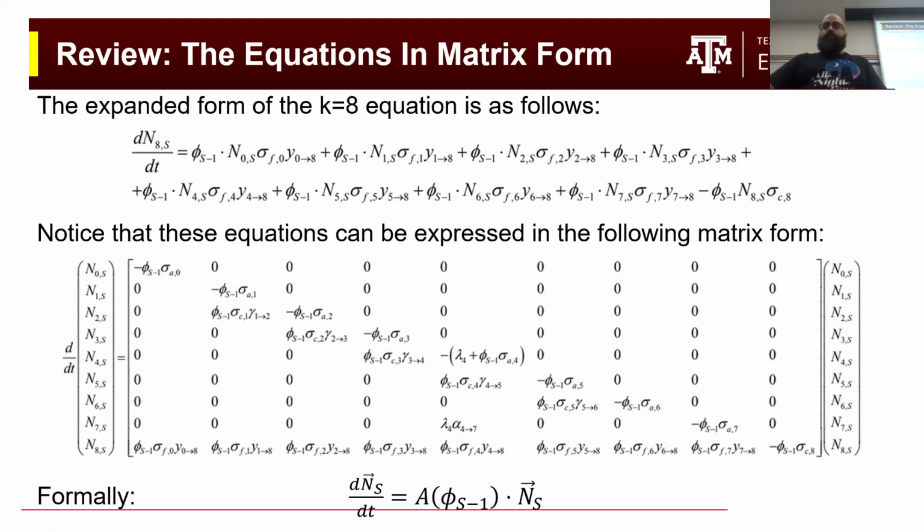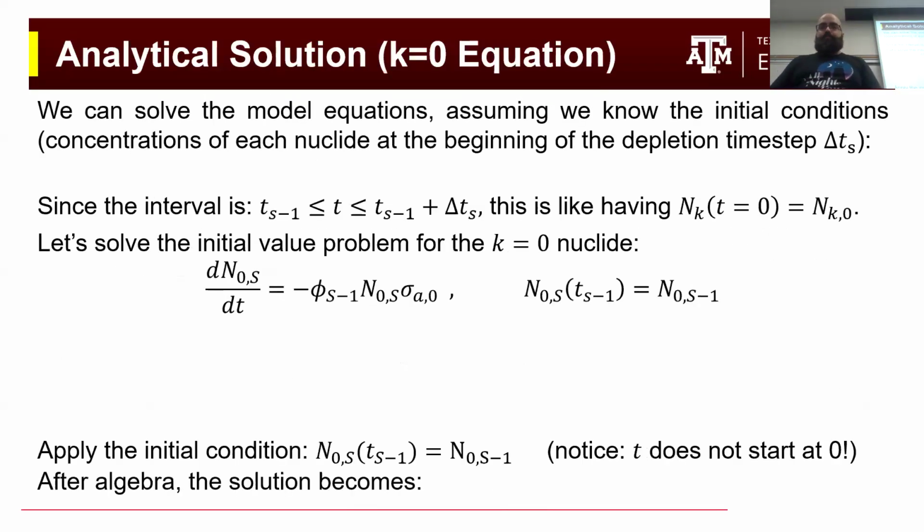Hopefully this helps illustrate that the concentrations of these different nuclides form a coupled problem, and that the concentration of one nuclide might be required to predict what's happening with another nuclide. What we eventually want to do is come up with analytical solutions so we can predict, over some time step, how the concentrations of these nuclides change.